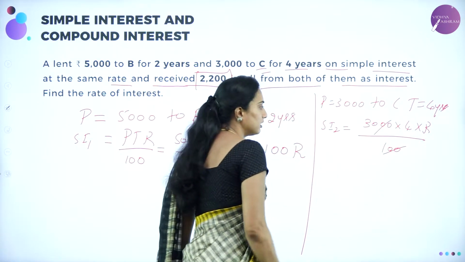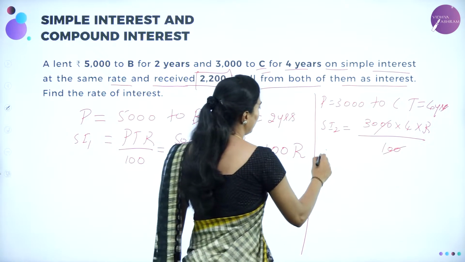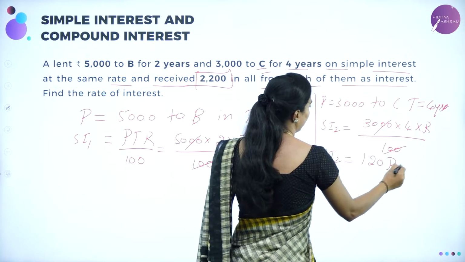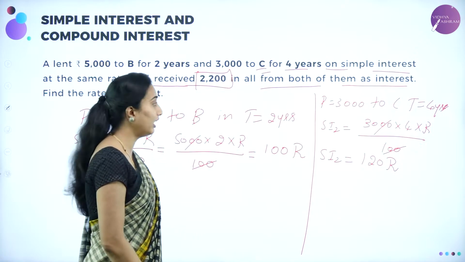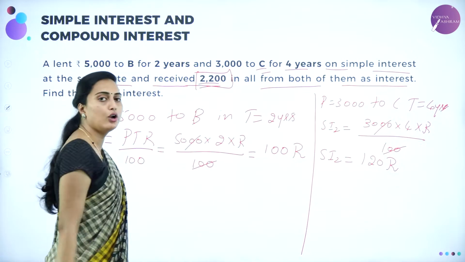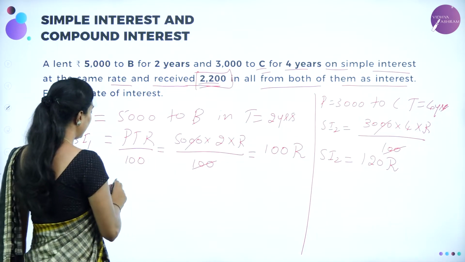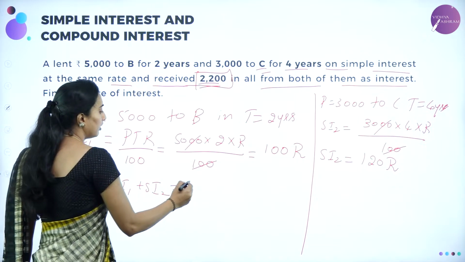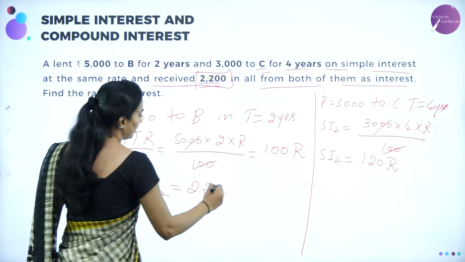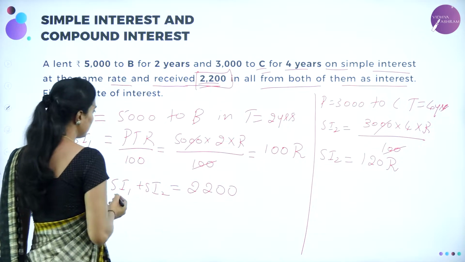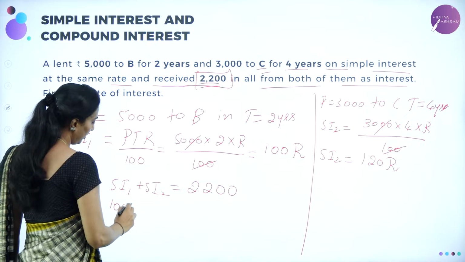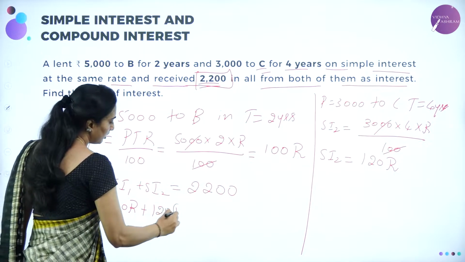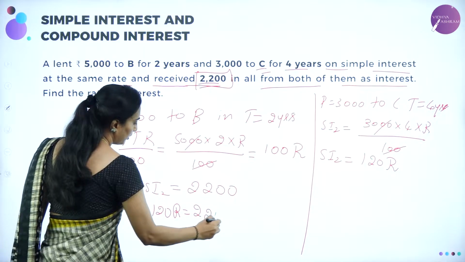So we'll get cancelled. 3 fours are 12, which is 120 R. Simple interest is nothing but 120 R. Now, what they have collected is the interest rupees 2,200. Therefore, they have collected SI1 plus SI2 is equal to 2,200. Correct? Therefore, let me substitute: 100 R plus 120 R is equal to 2,200.